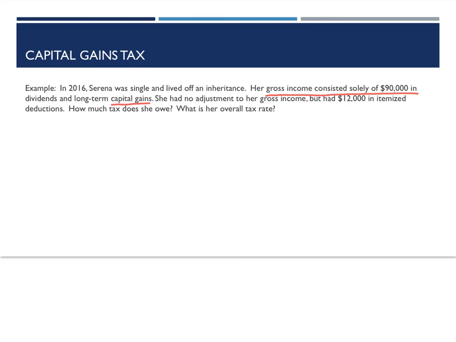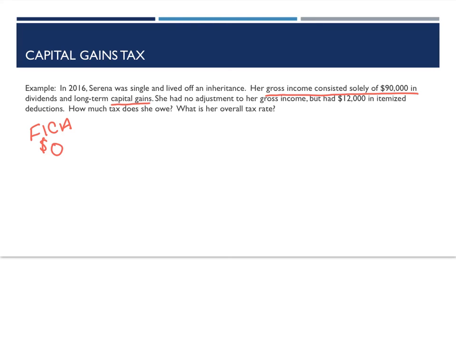Because her income was totally from capital gains, she pays zero in FICA tax. Now that wasn't part of the question, but that's just so you realize FICA only applies to earned income. Capital gains, money from profits, do not count as earned income.